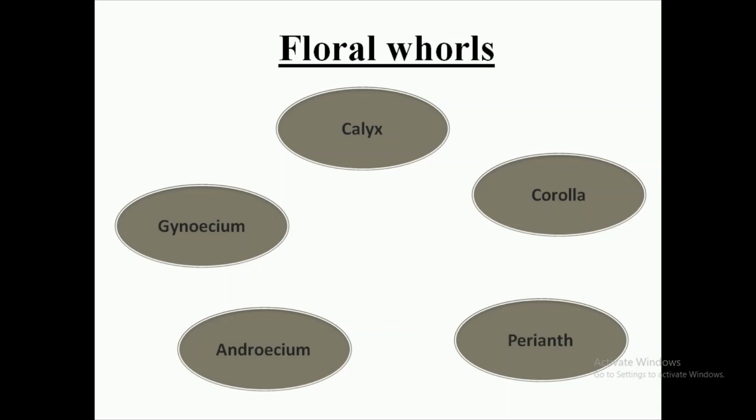Now I am going to discuss a very important part, which is floral whorls. In floral whorls, or parts of a flower, we are going to see 5 important parts: calyx, corolla, perianth, androecium and gynoecium. We will discuss them one by one.